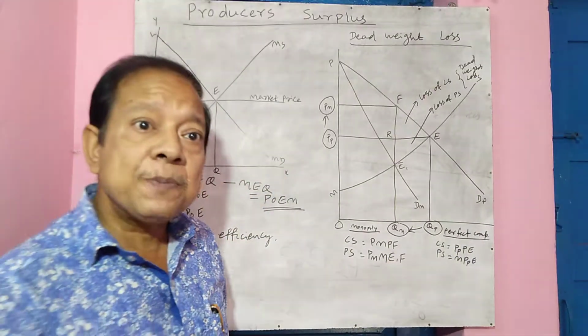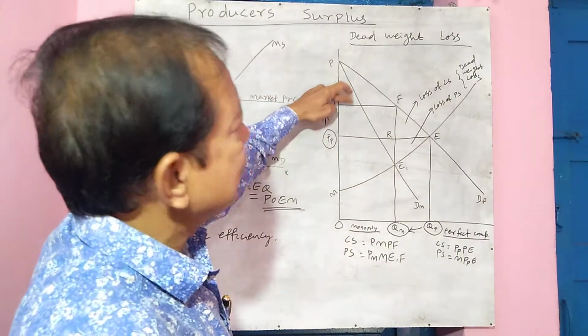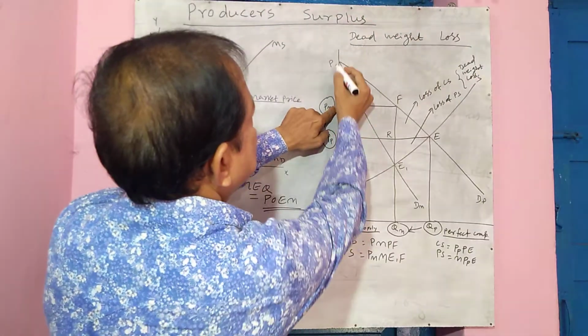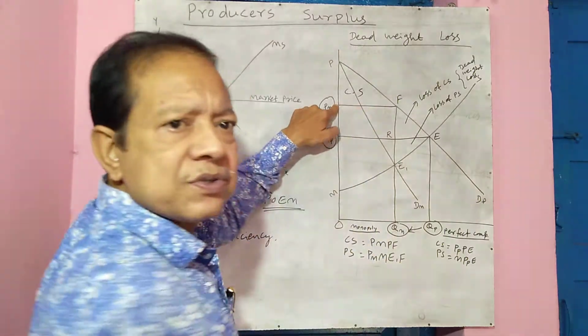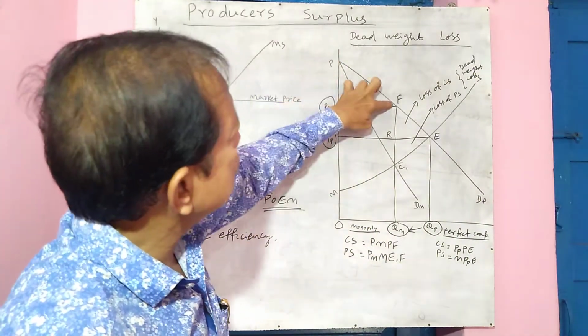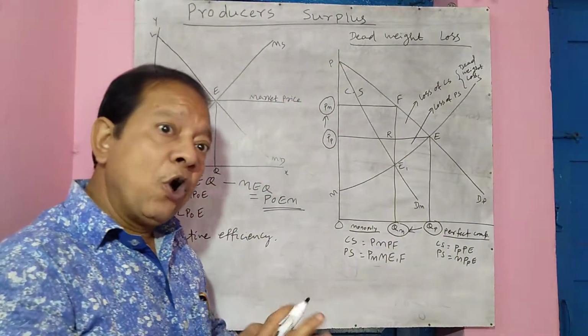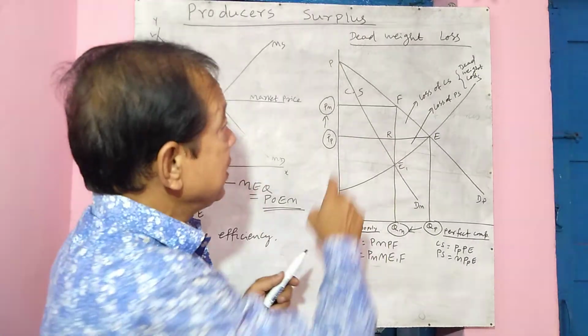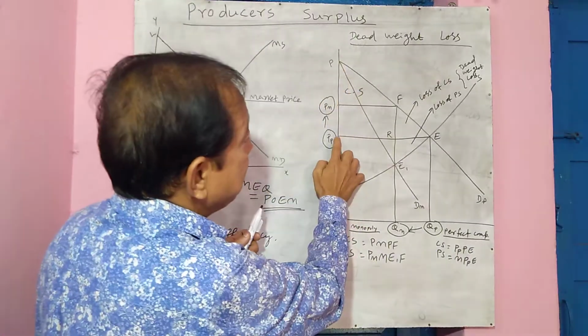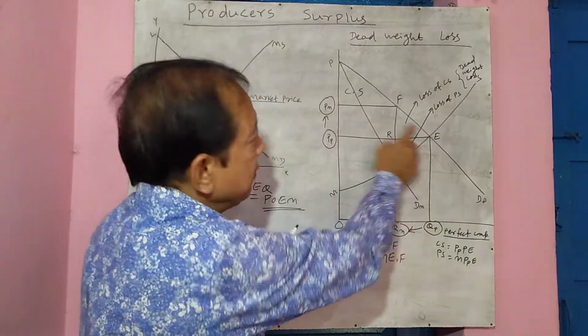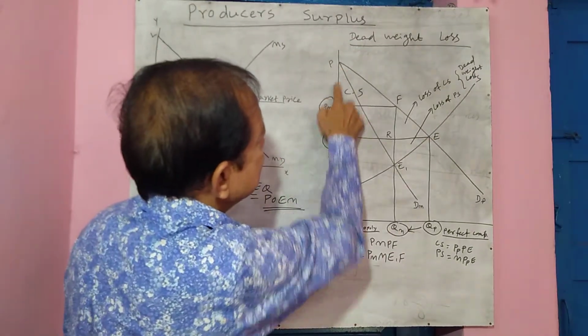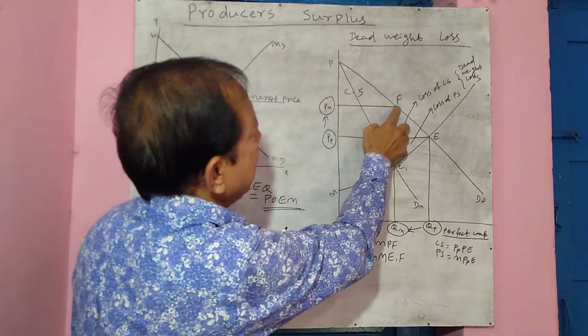Then what is the consumer surplus? The consumer surplus is the rest, that is PMF. This is the consumer surplus, this small amount. Remember, under perfect competition, the consumer surplus was PPE, a bigger area. But now it has reduced to PMF.